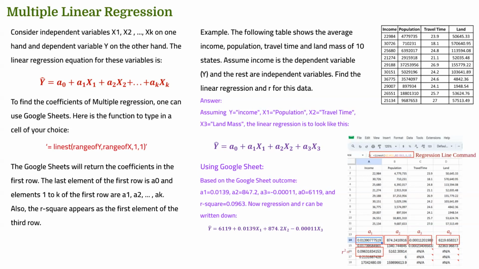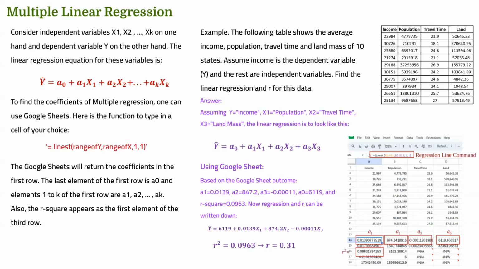And the R square is in the third row, 0.0963. Now the regression can be written as y hat is equal to 6119 plus 0.0139 x1 plus 847.2 x2 minus 0.00011 x3. And we have the R square.